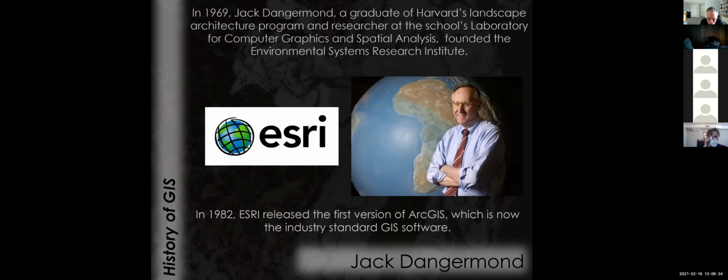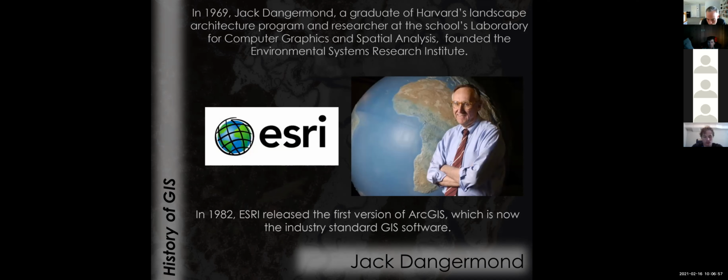In 1982, they released the first version of ArcGIS, which is now the industry standard for GIS software. And in fact, Jack is one of the Forbes 400 wealthiest people in the world, based on that software and how widely it's used in all these different industries now worldwide.